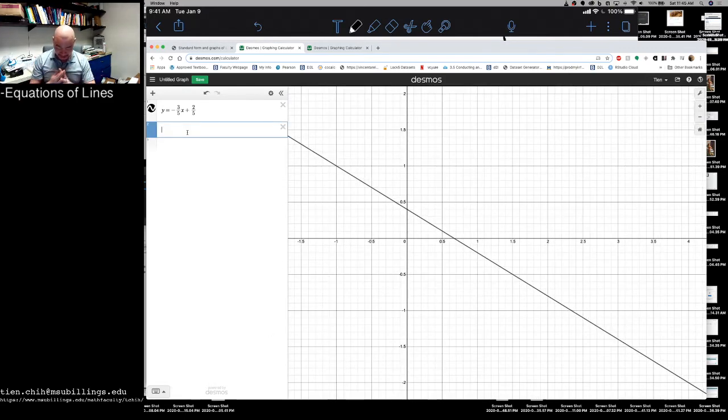But the nice thing about technology is that you don't have to necessarily go through all of this trouble if all you want is a graph of the line. We may want this form for convenience sake and for other reasons, but if all we wanted was just the graph of the line, then we could just plot that form indirectly.